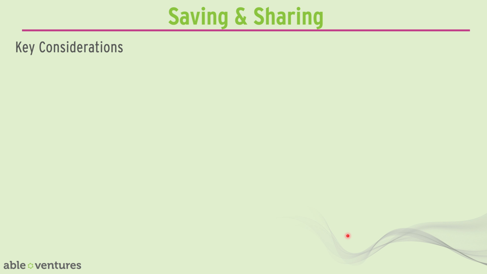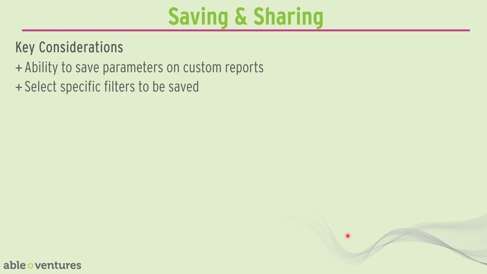But essentially giving the ability to save parameters on custom reports or save specific filters, and then be able to share it with colleagues. So what we've done is we've given the ability to save a report and then toggle your saved filters. So what you might see here is you want to save a number of dimensions, but not two others.